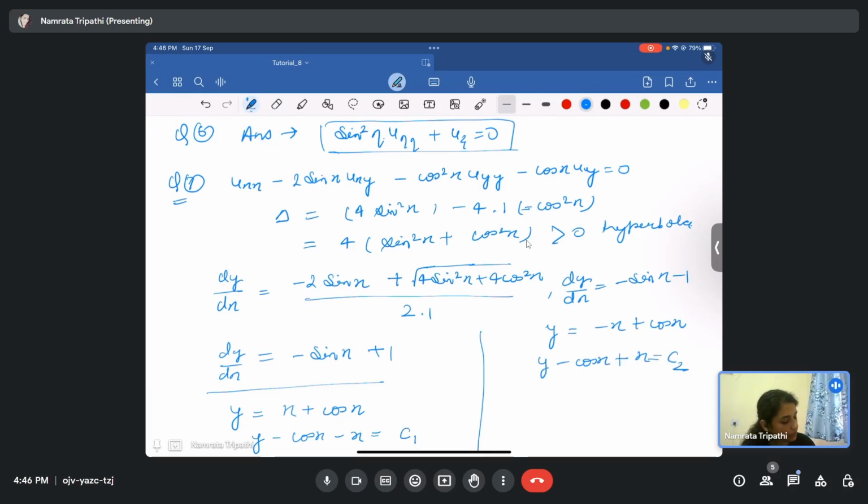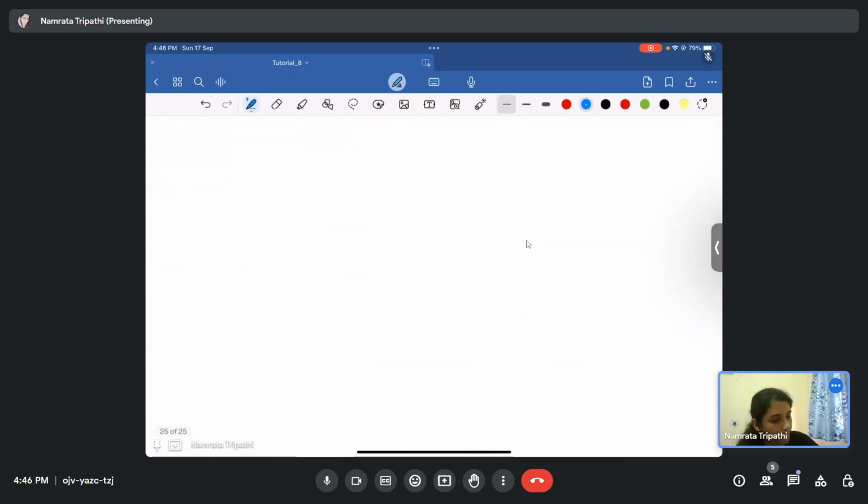Now you can take the transformation. Let's say this is xi, this is eta, or this is eta, this is xi. Let's say xi is y and eta is, you can check the Jacobian also.